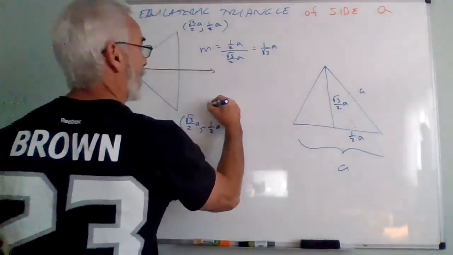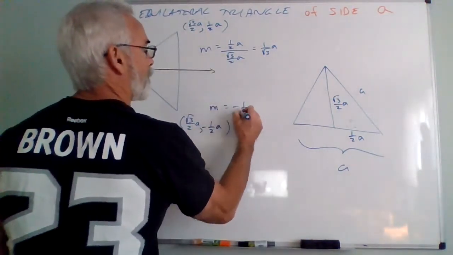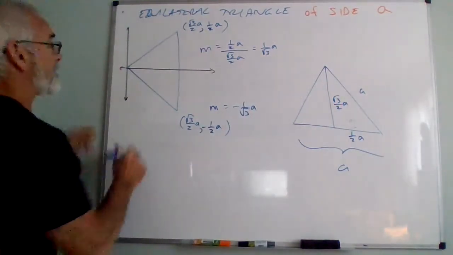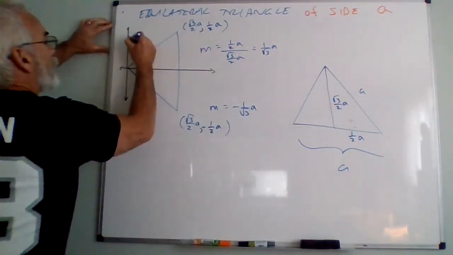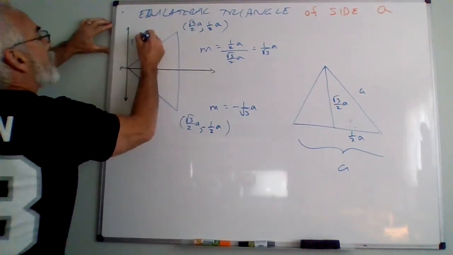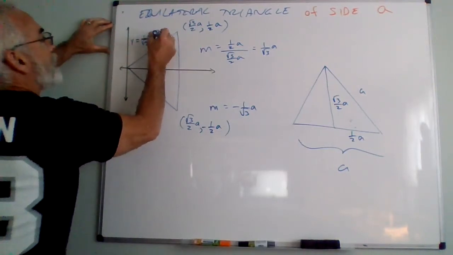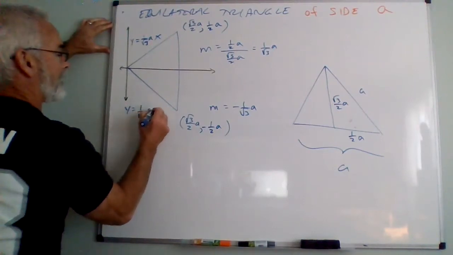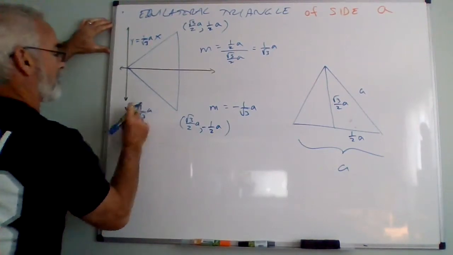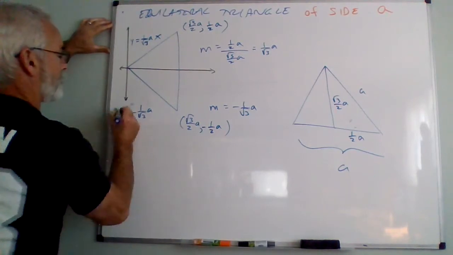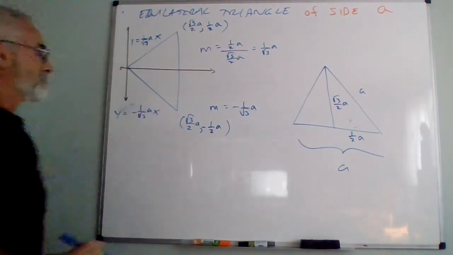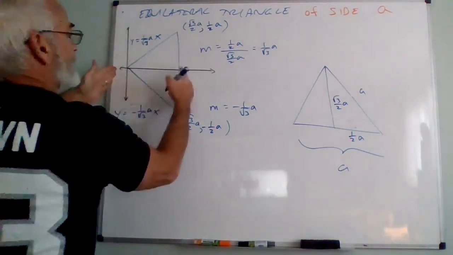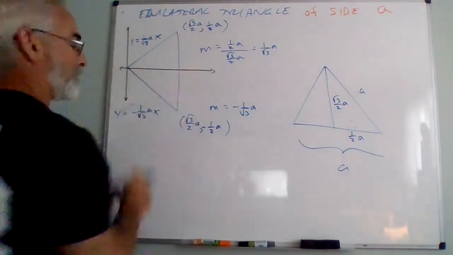And here, similarly, my slope would be negative 1 over root 3 A. So that definitely makes it easier. So that means the equation of this line would be y equals 1 over root 3 A x. And this line would be y equals negative 1 over root 3 A x. Well, that definitely makes this easier. And I'm going from 0 to root 3 over 2 A.